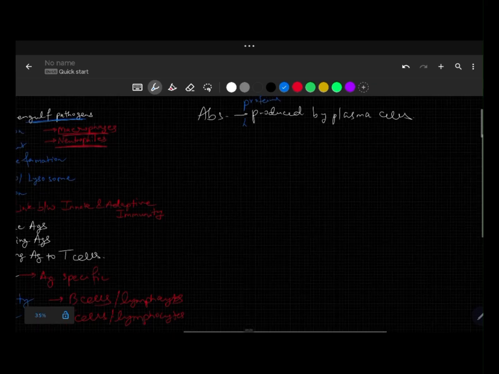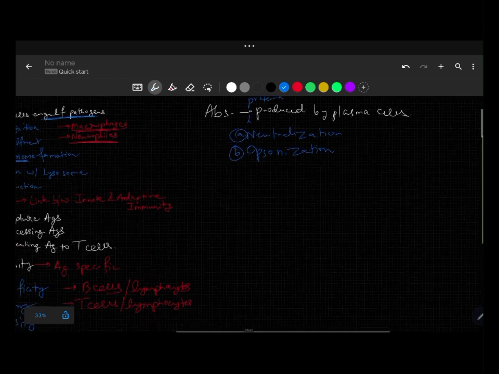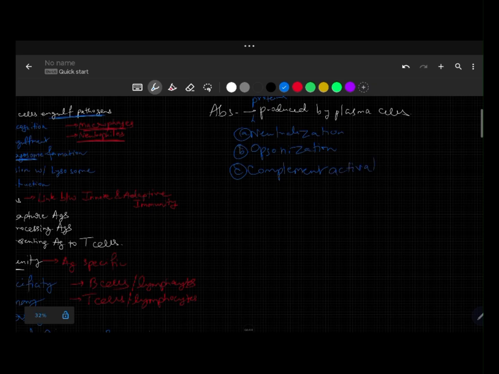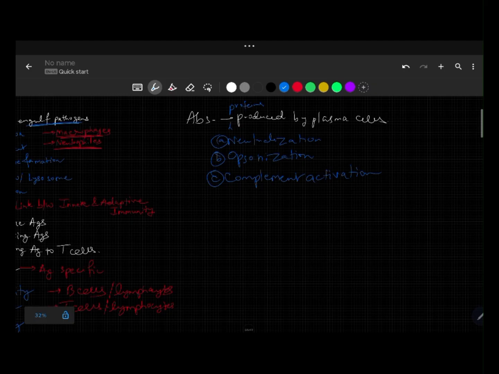Their functions are neutralization of antigens, opsonization, and complement activation. The complement system has the classical pathway, lectin pathway, and alternate pathway. Complement proteins, we have C3 and C4 proteins, and these are activated by the antibodies.